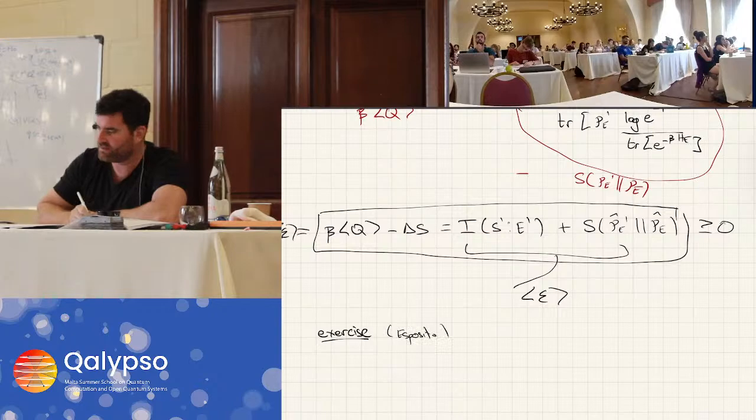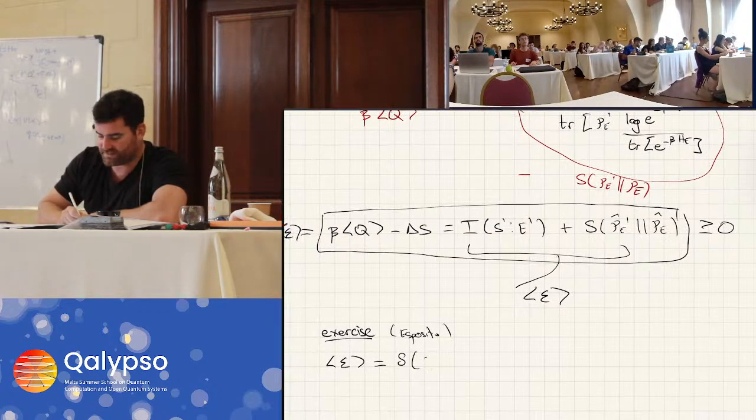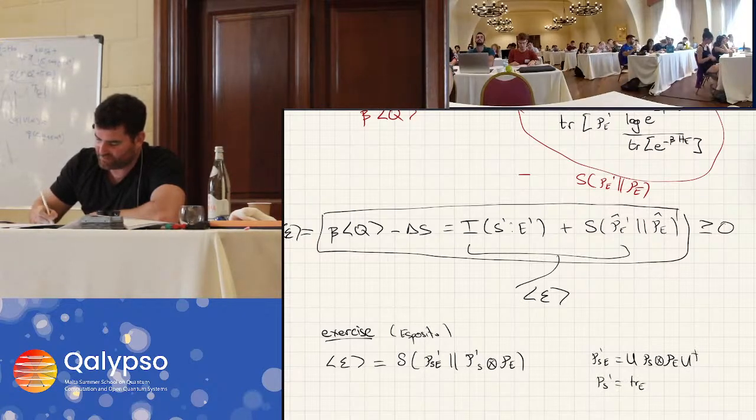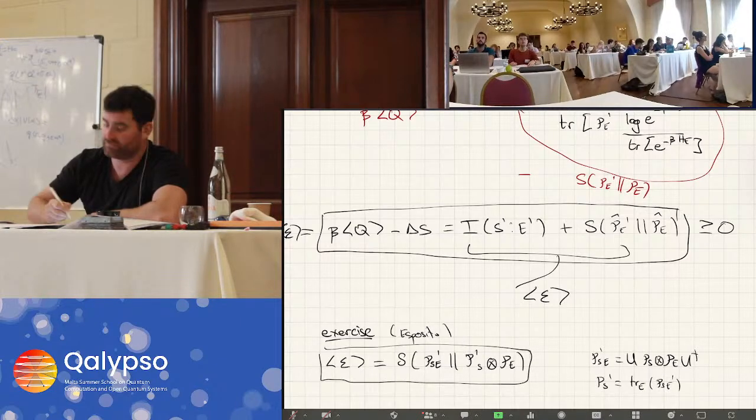This is equivalent to the relative entropy between rho SE prime and rho prime S tensor rho E, where again rho SE prime is U rho S tensor rho E, and rho S is the trace over E of rho SE prime.